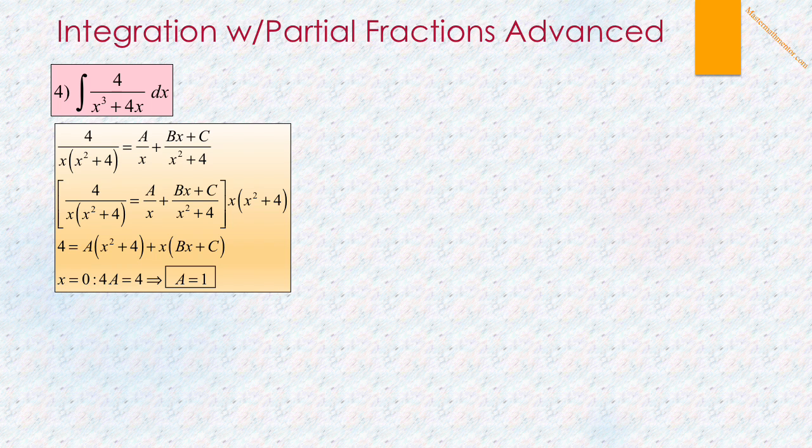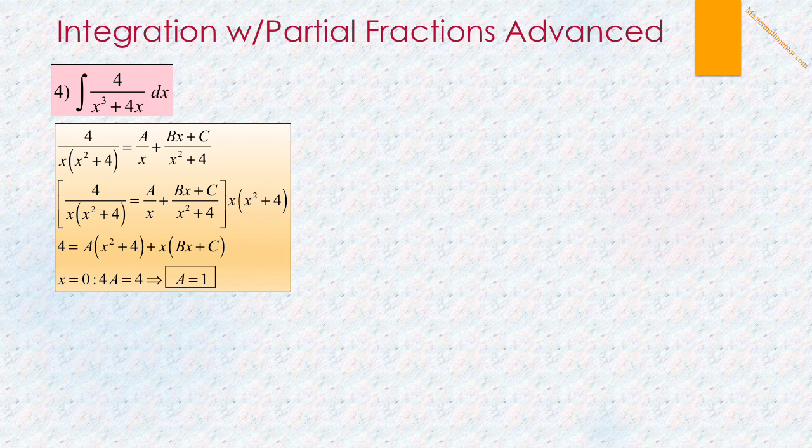So we will write this with partial fractions as 4/(x(x² + 4)) can be written as A/x + (Bx + C)/(x² + 4). Whenever we have a non-factorable polynomial, we will write this as the numerator being Bx + C.